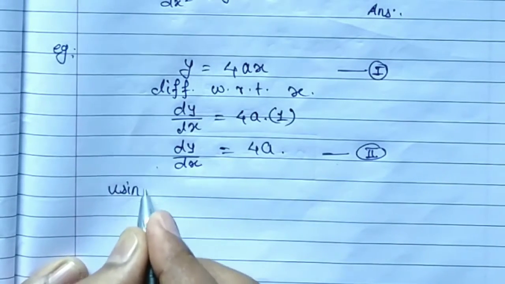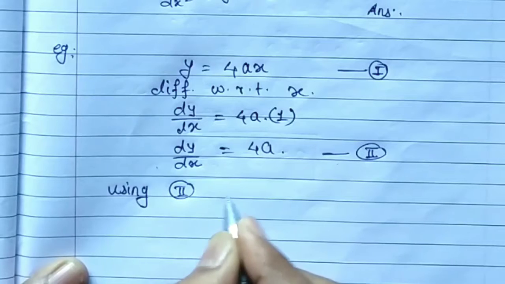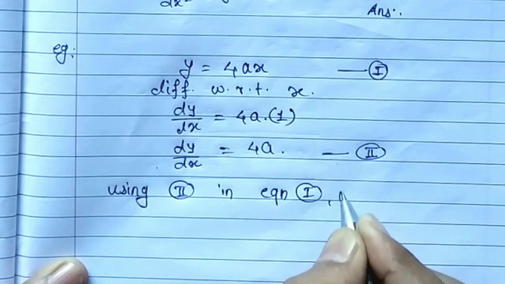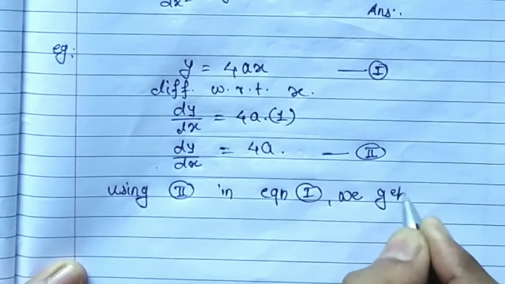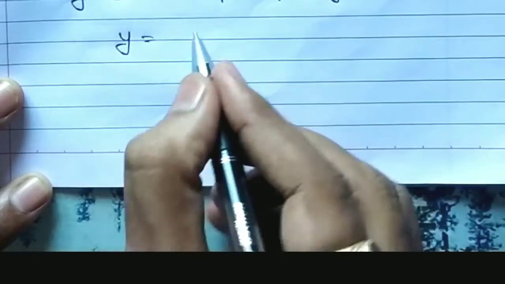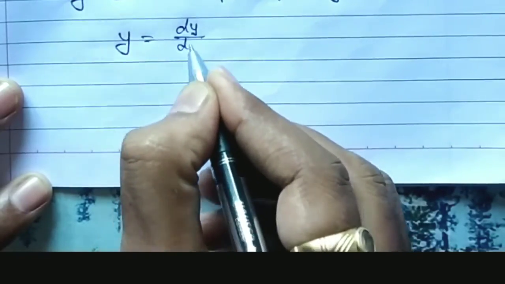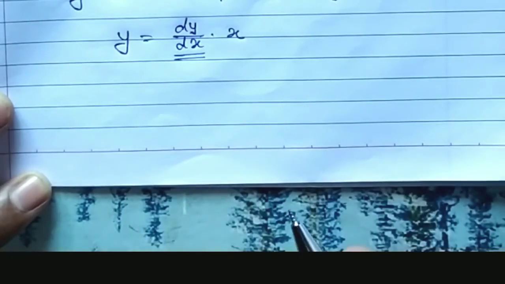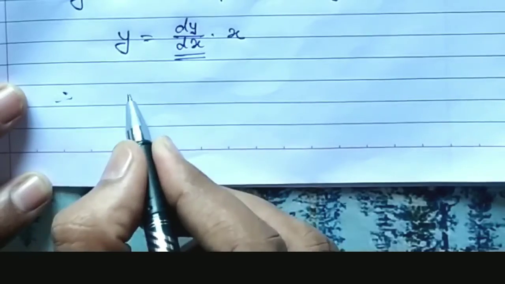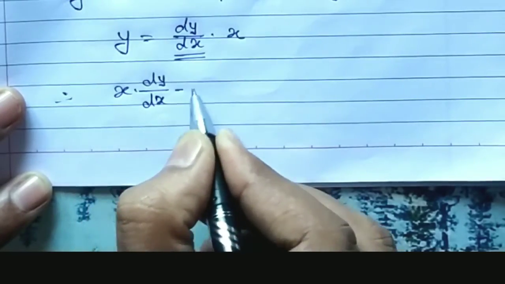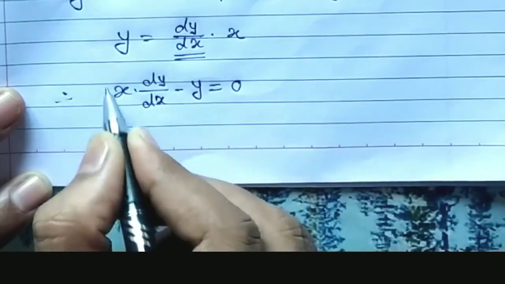Using equation 2 in equation 1, we get y equal to a, which is dy by dx, into x. So the value of a is replaced in equation 1, and we have x into dy by dx minus y equals 0.